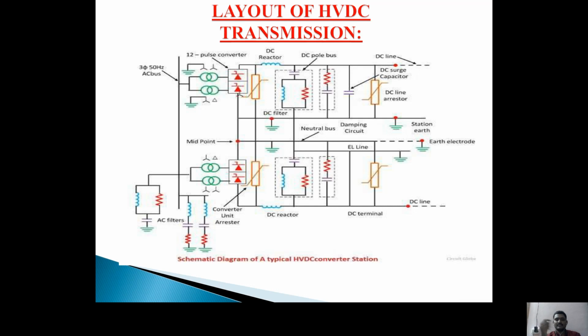In this one we have AC filters, DC reactors, smoothing reactors and converters. We are taking a 12 pulse converter and a three phase AC bus. Based on this layout we have to explain the equipment of HVDC transmission or converter station.